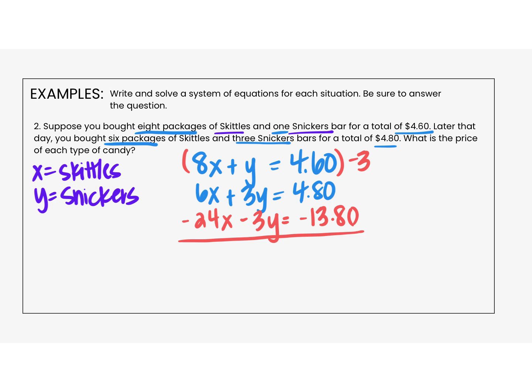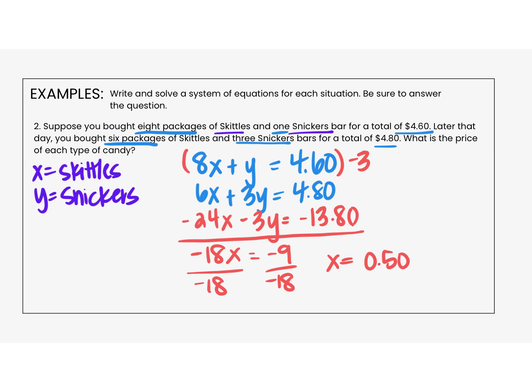So I get -18x. My y's cancel out. And I'm left with -9. So divide by -18. And I get x is 0.5, which means 50 cents in terms of money.